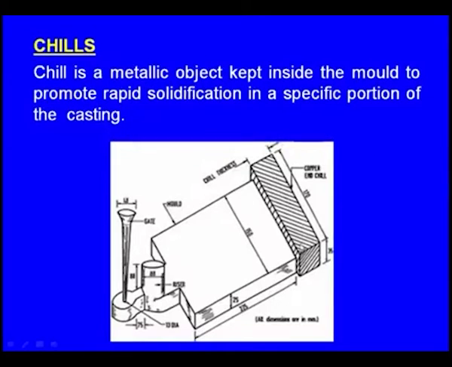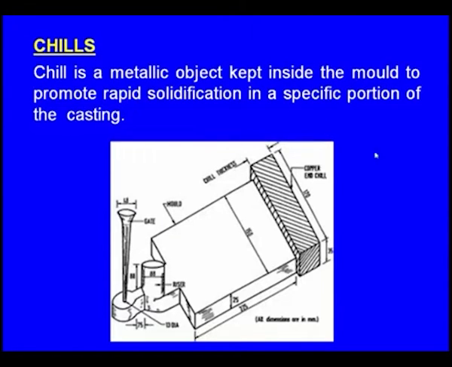We want the section away from the riser to solidify first. For that purpose, we have kept a metallic piece or a steel block here. This hatched portion is the steel block, and this is placed inside the mold cavity.